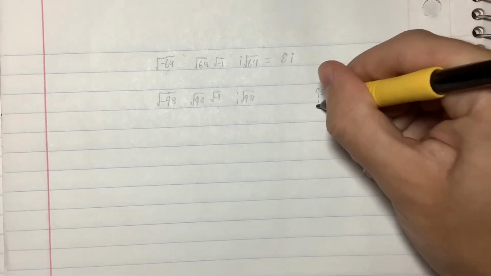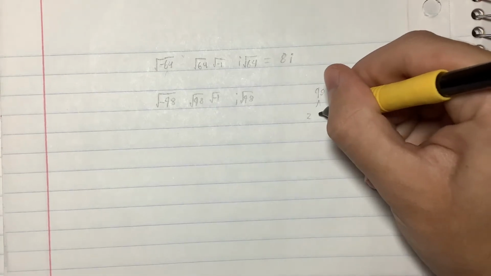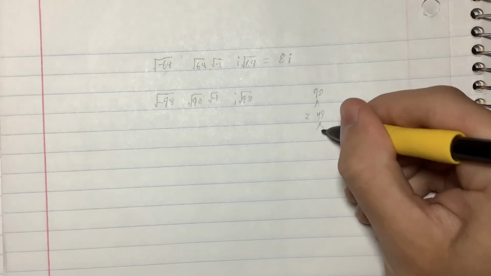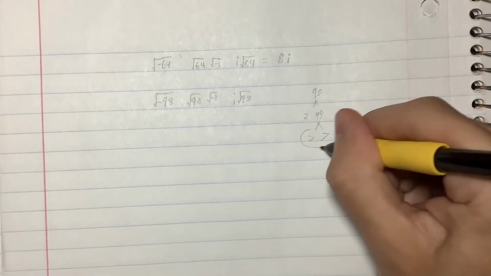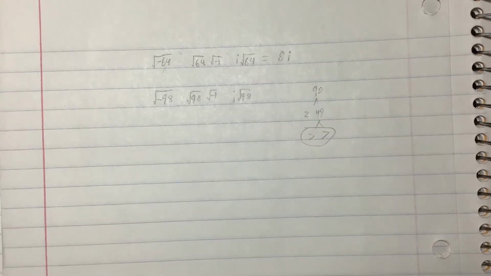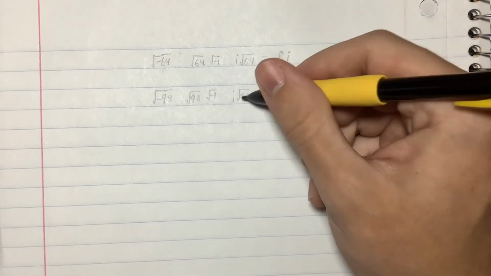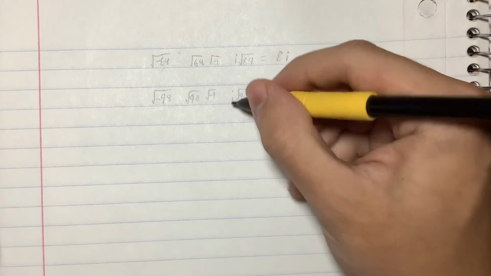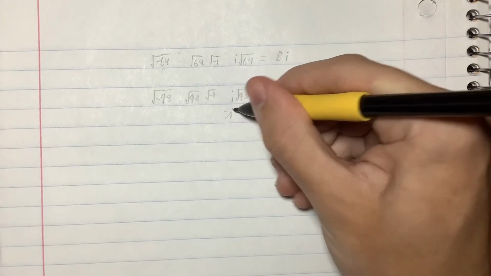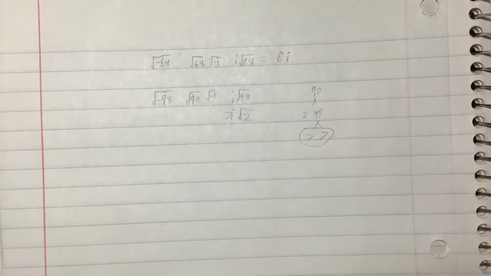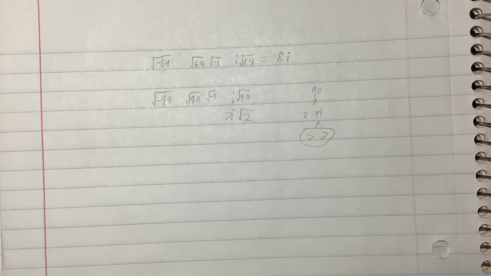So 98 will go down into 2 and 49. And 49 can be simplified into 7 and 7. So we have 2 of the same number, and now we can factor that out. So that'll be 7i square root of 2. And that's as factored as much as we can. Simplest form.